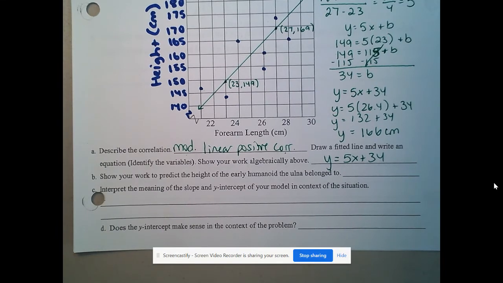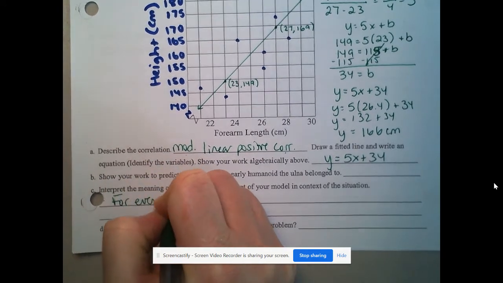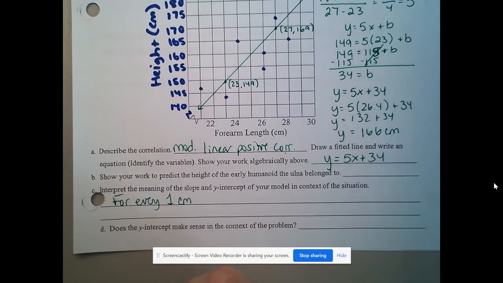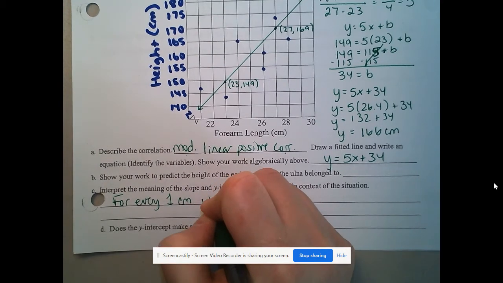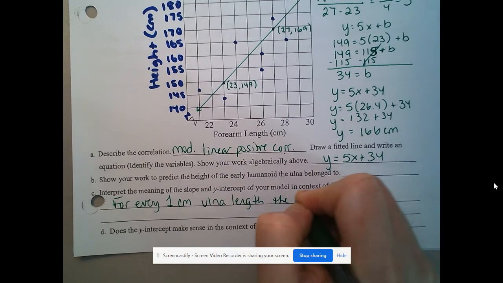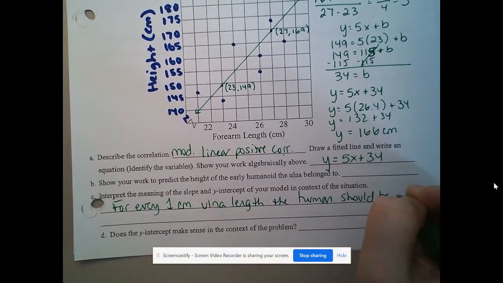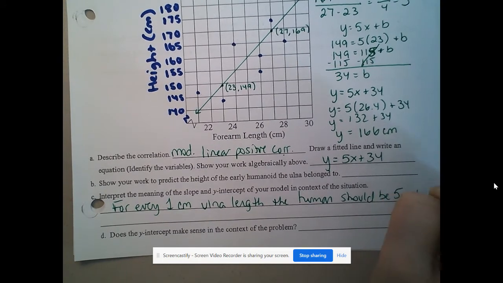And the slope would be for every 1 centimeter of ulna length, the human should be 5 centimeters taller.